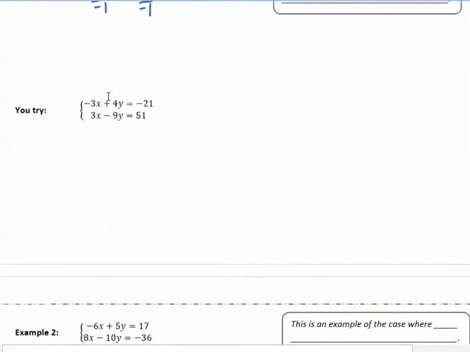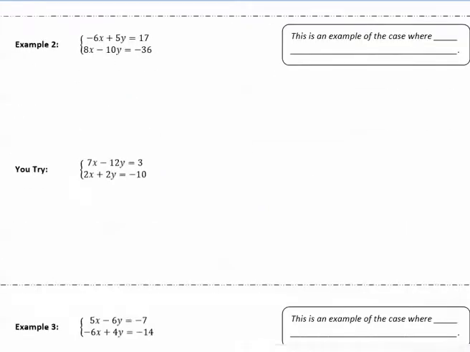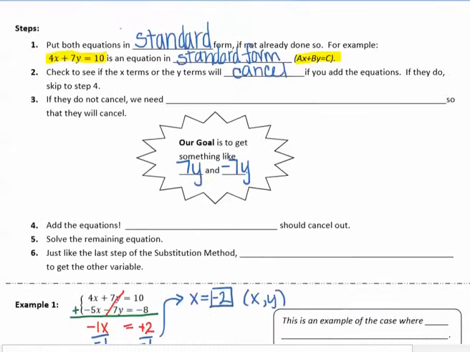Okay, so if they do not cancel, we need to make them cancel. For example, if we look at example 2, that doesn't happen, right? But I need that to happen.